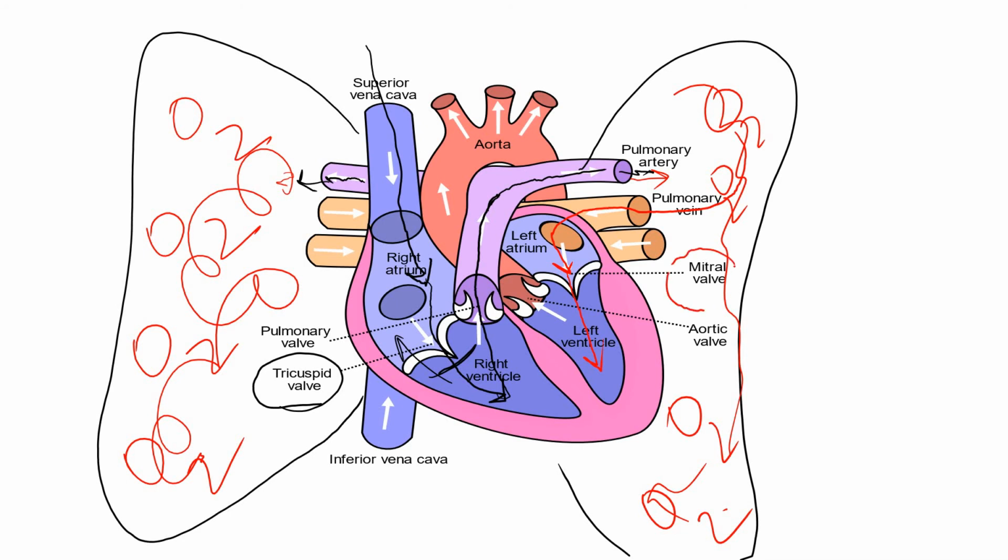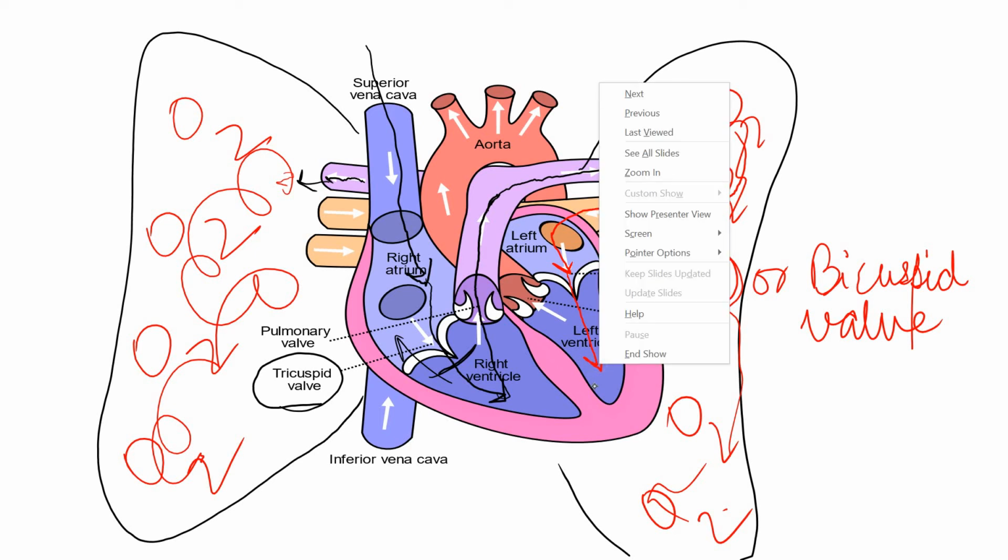This is known as the mitral valve, or bicuspid valve. So the oxygen rich blood enters from the pulmonary vein to the left atrium. Then there is a valve called the mitral valve or bicuspid valve, and via this passage it enters the left ventricle.